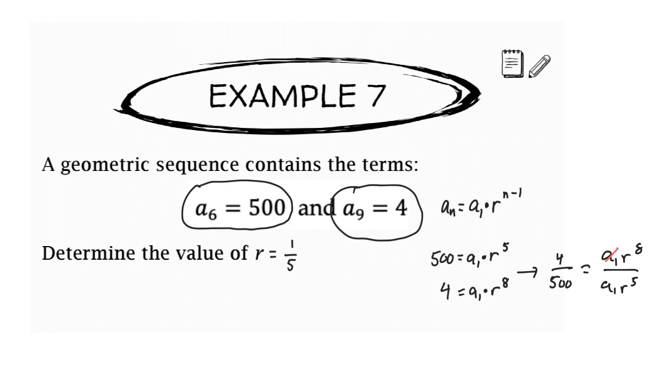On the right-hand side of the equation, a1 divided by a1 is 1. On the left-hand side, 4 over 500 reduces to 1 over 125. And also on the right side, r to the 8th divided by r to the 5th is r to the 8 minus 5, or r cubed. Finally, to figure out what r is equal to, I say therefore, r is equal to the cube root of 1/125th, which is 1/5.